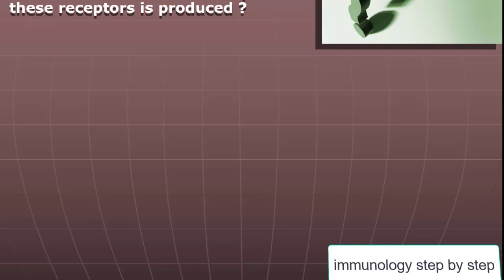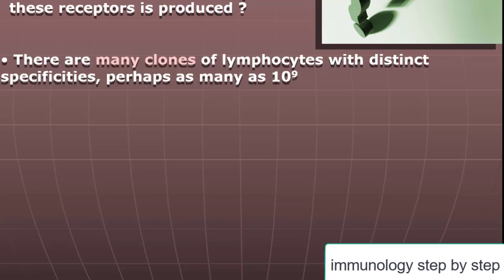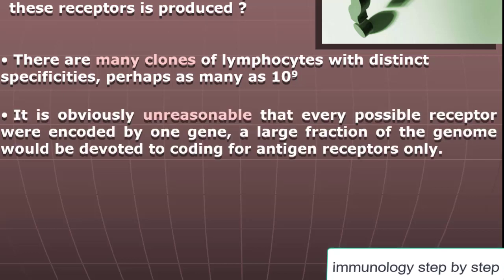Development of immune repertoires: how is the enormous diversity of these receptors produced? There are many clones of lymphocytes with distinct specificity, perhaps as many as 10 to the power of 9. It is previously unreasonable that every possible receptor was encoded by one gene, because a large fraction of the genome would be devoted to coding for antigen receptors only.